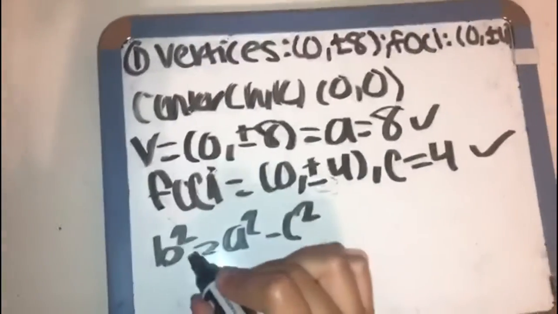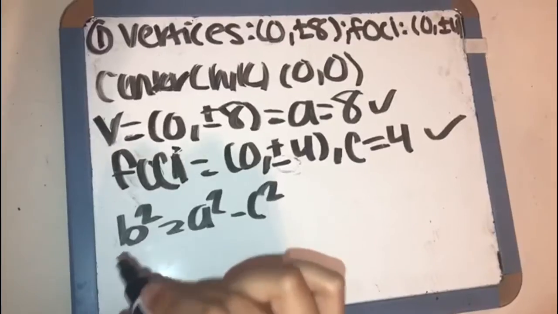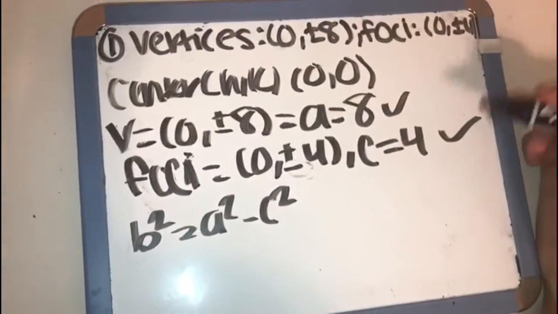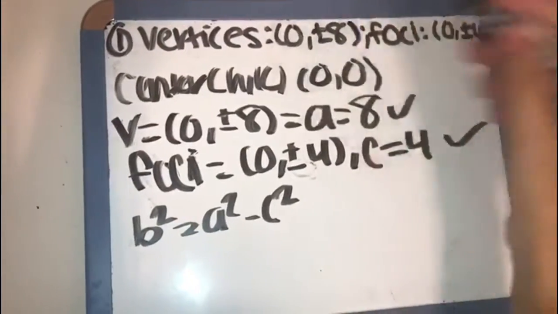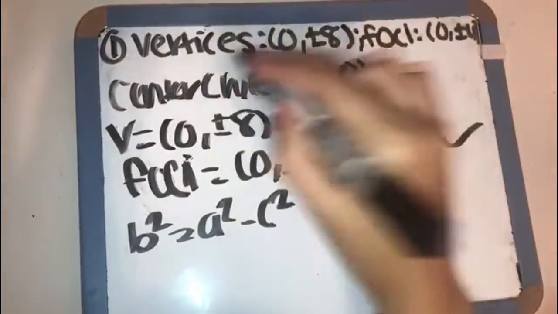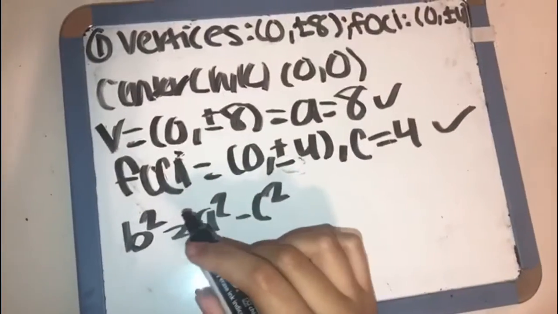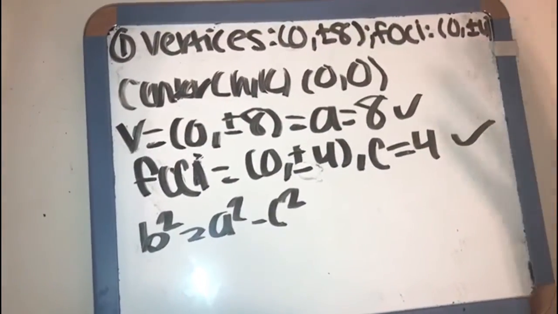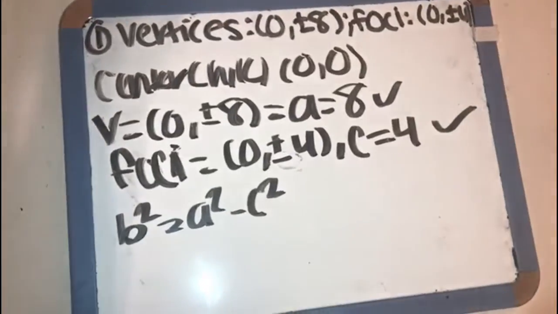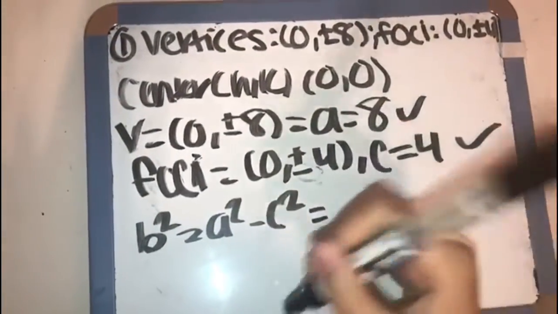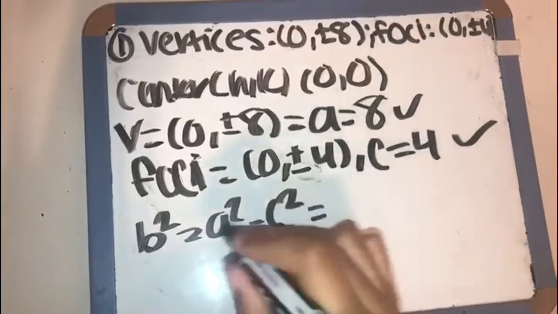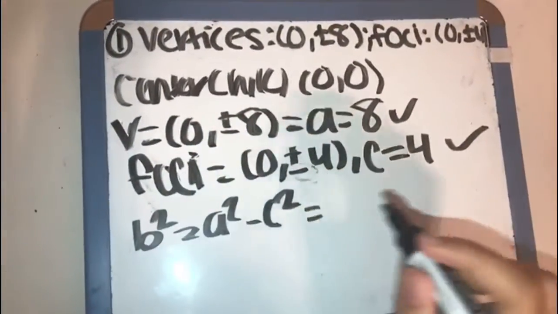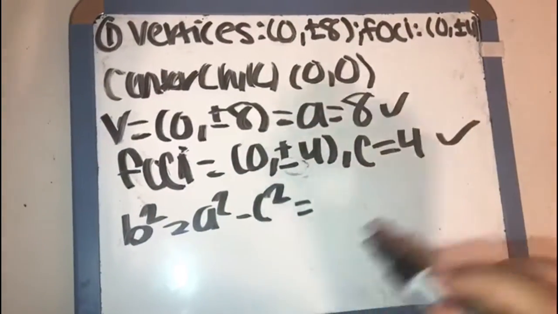Now we're trying to find b squared. That's why we have the formula b squared equals a squared minus c squared, because the only characteristics we can find in this graph are a and c. We have to find b squared in order to complete the characteristics and find the standard form. Since we're trying to find b squared, there's nothing to substitute for it. We have to substitute a squared and c squared.